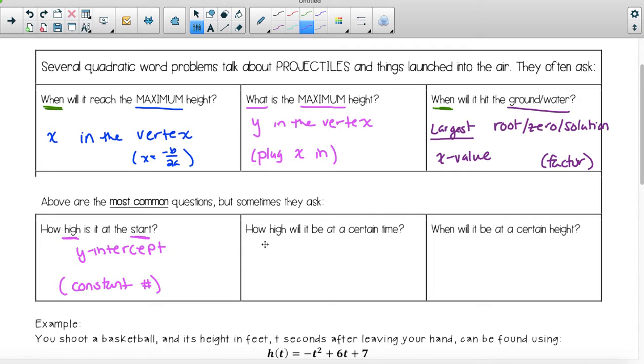They might also ask how high, so again the y value, will it be at a certain time? So they'll give you the time, and they want the y value.